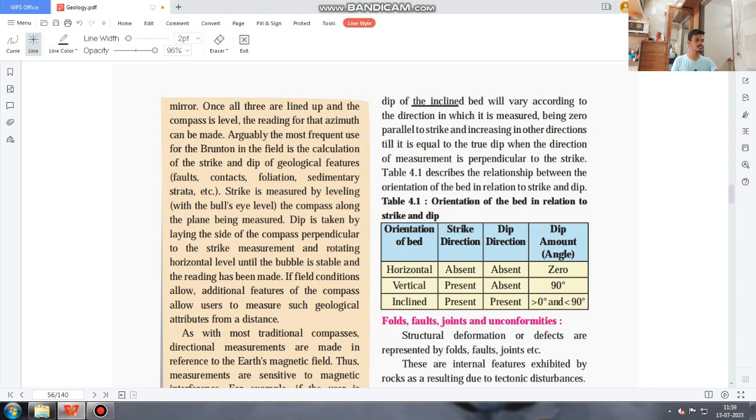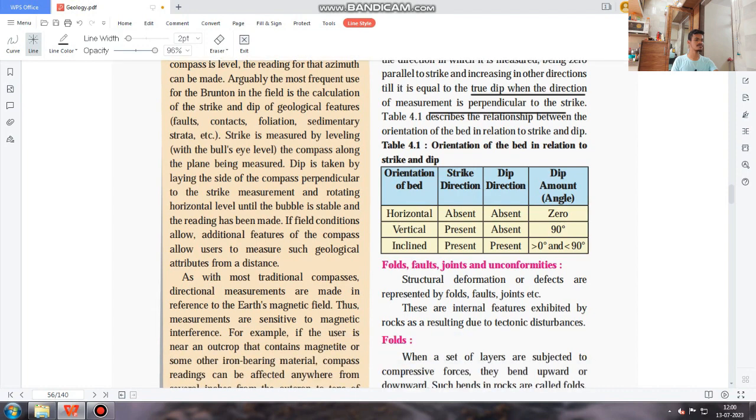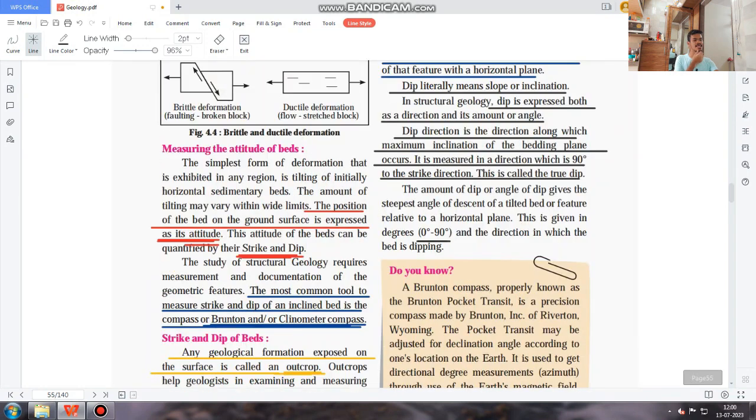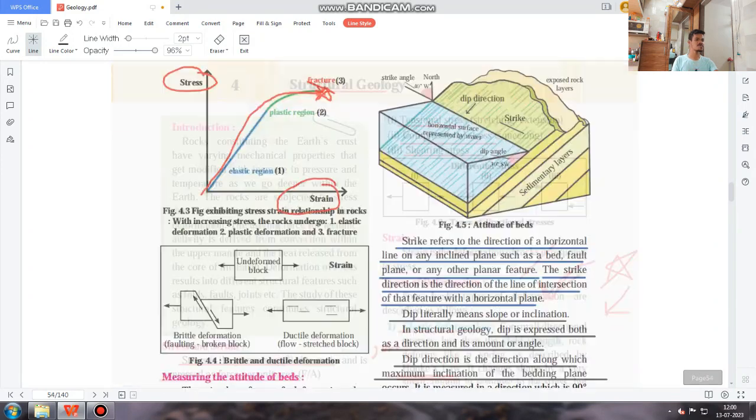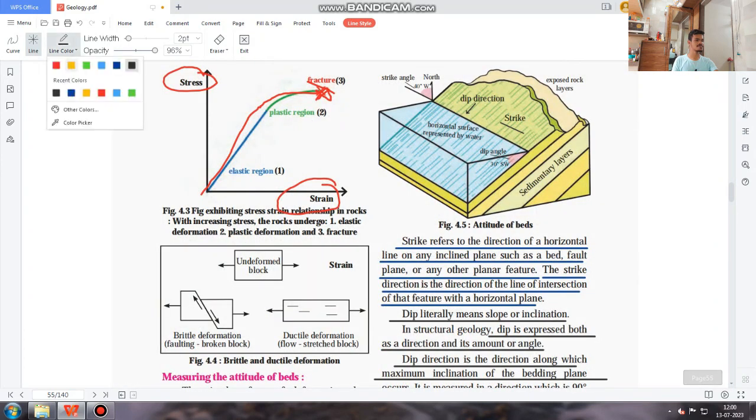Here, one thing that is important is that the direction parallel to strike has apparent dip zero, and true dip direction is perpendicular to strike. This table is with respect to strike and dip direction. I forgot to tell you about this diagram, I had to explain this diagram also.